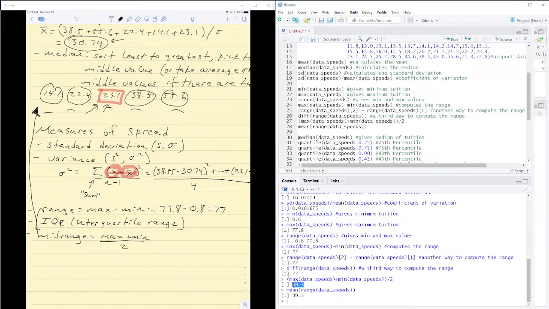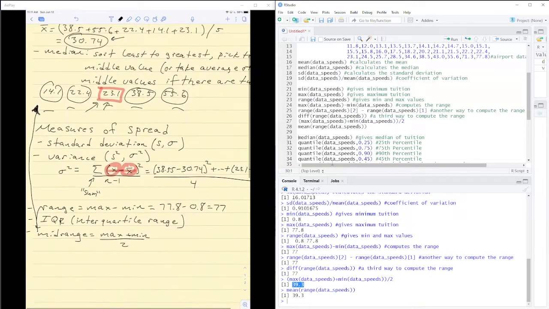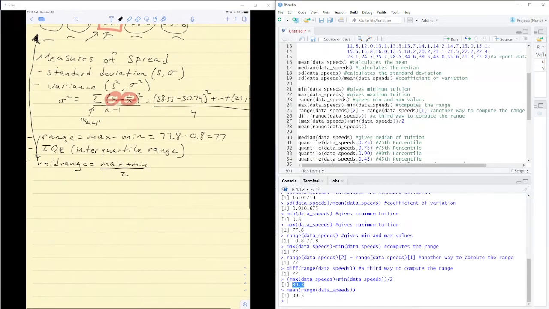Next, on to the interquartile range, or the 5-number summary. We have something called the 5-number summary. The 5-number summary incorporates 5 values. Let's list this in order.